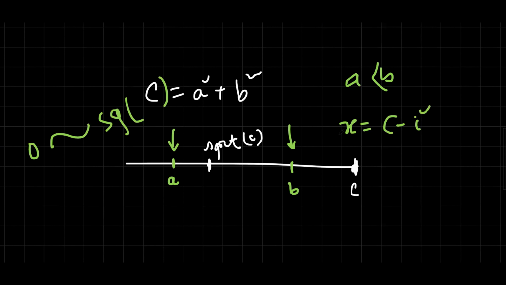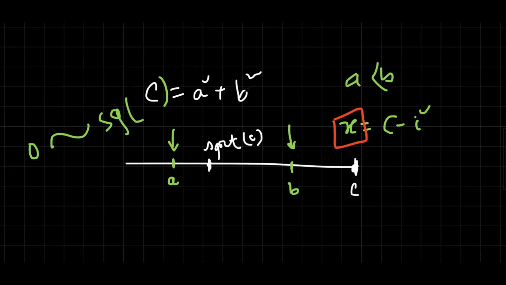And now we have to check whether the value of x is a perfect square or not. If the value of x is a perfect square, that means we can say that c can be expressed as summation of a square plus b square. Otherwise, it is not possible.